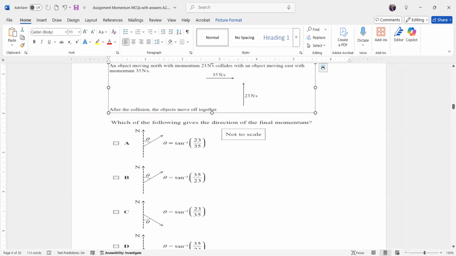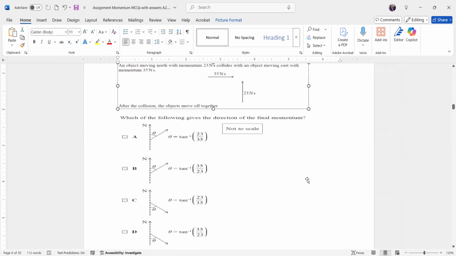So what could be the right answer here? Which of the following gives the direction of the final momentum?